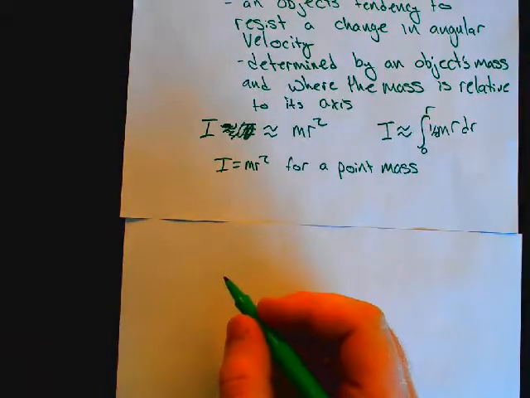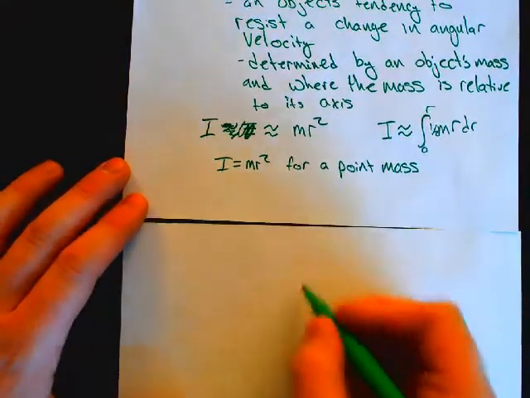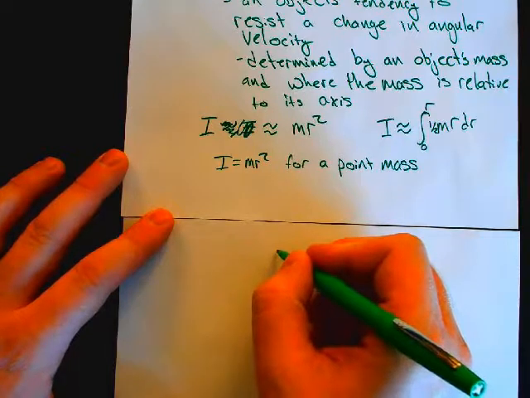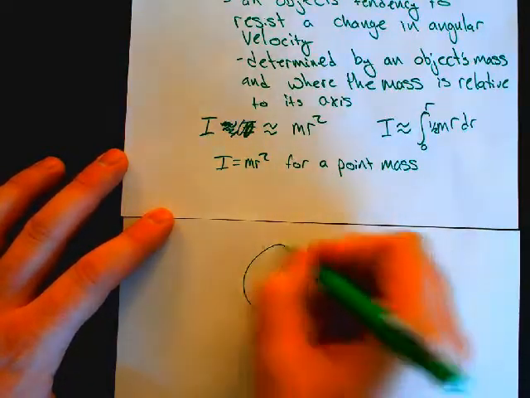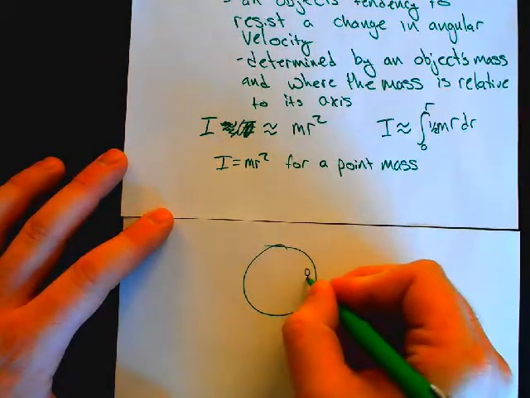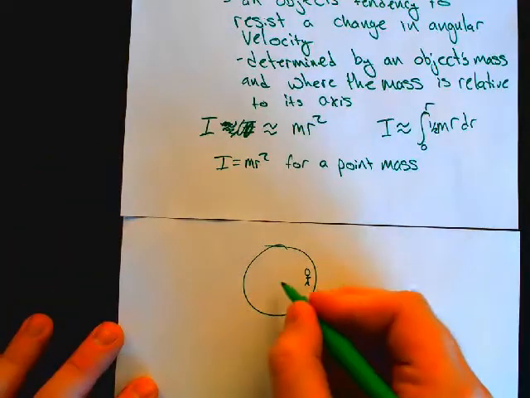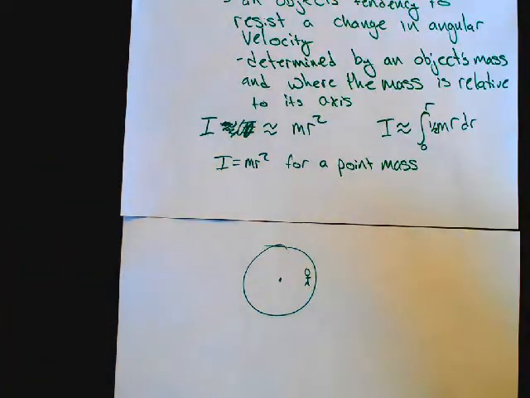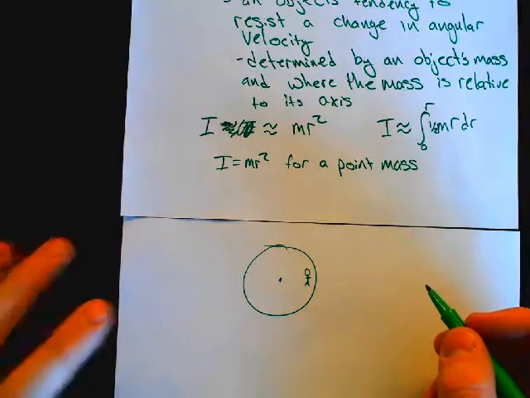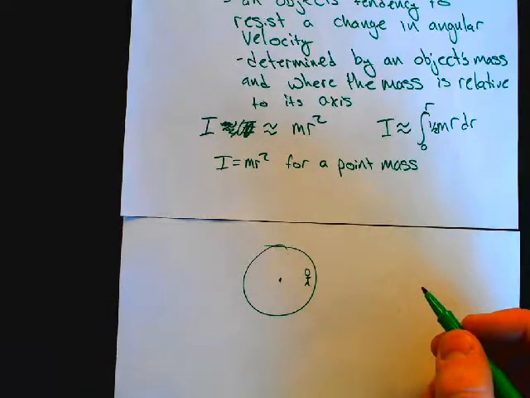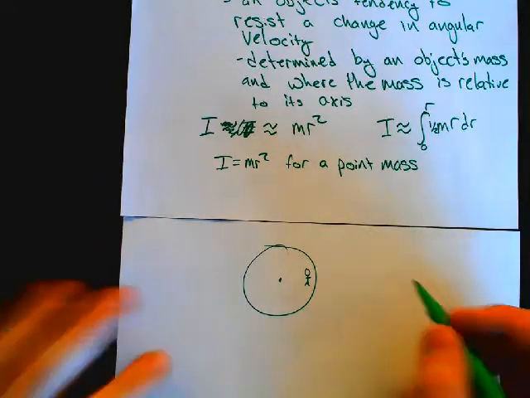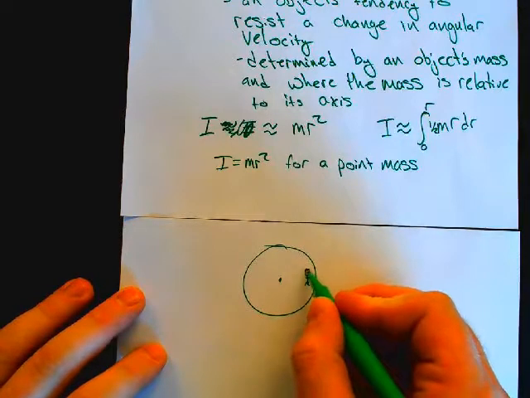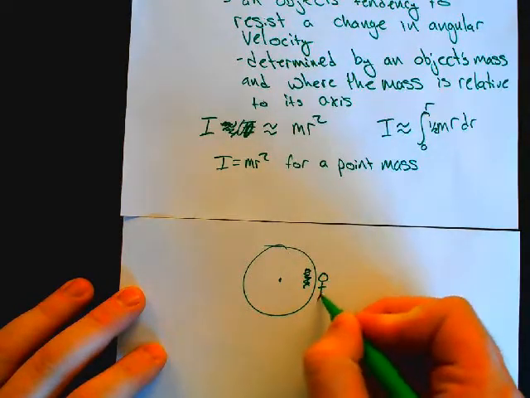So I'm going to jump in with an example here, and I'm going to stick with merry-go-rounds. We'll take the person off the merry-go-round to begin with, and they'll just spin it.